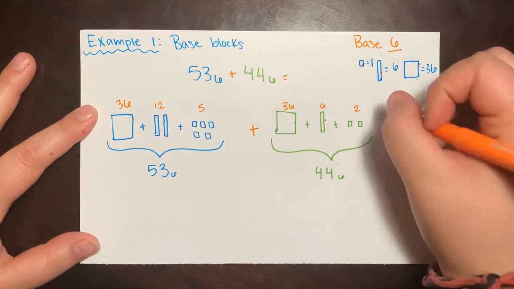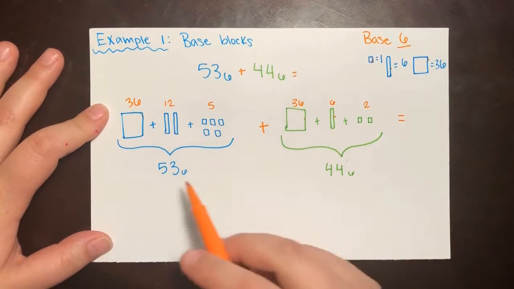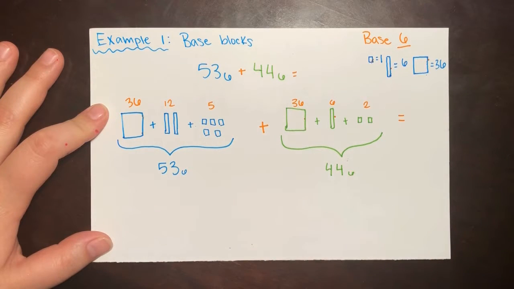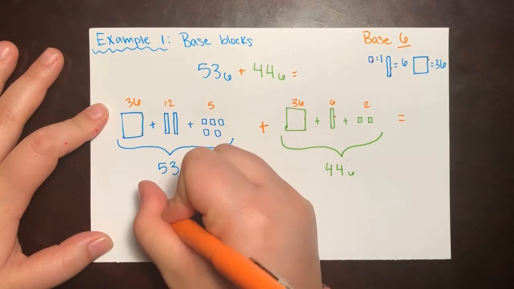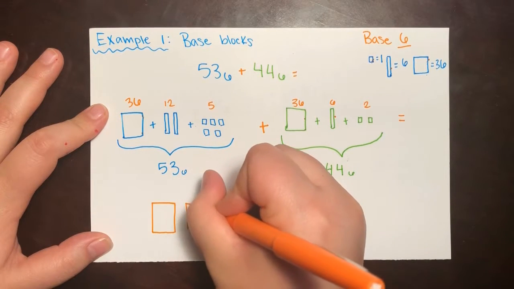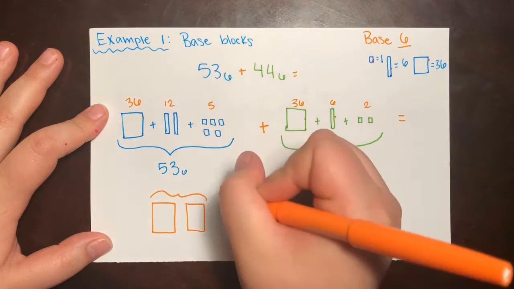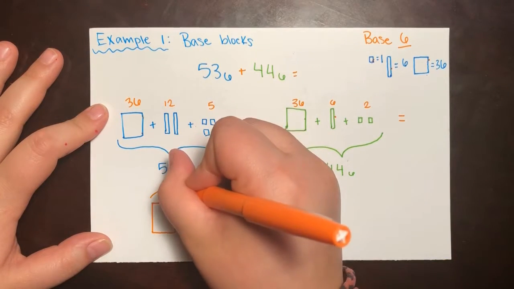So now, to add them, we put all these together. So 2 flats of 36, that is going to give us 72.